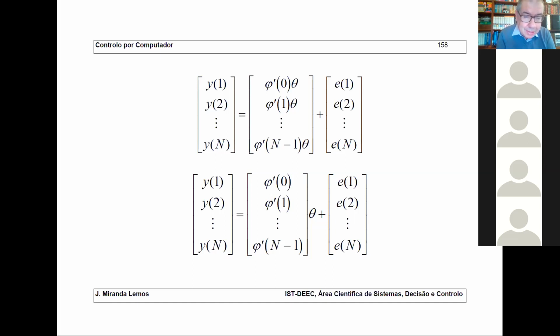Okay, that's dangerous. It's tempting to say that, but it's not true. I mean, when you say linearity, you say that you apply the distributive property of multiplication with respect to summation. So if I multiply theta by phi 1 plus phi 2, that's phi 1 theta plus phi 2 theta. Yeah.